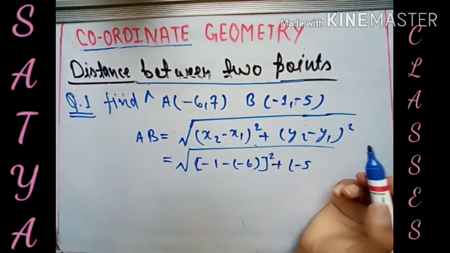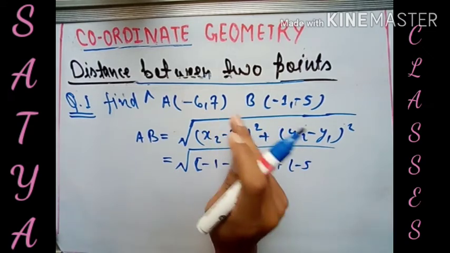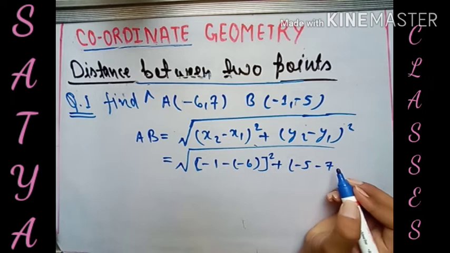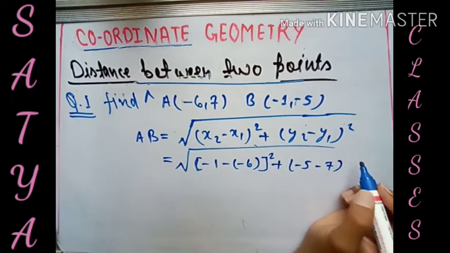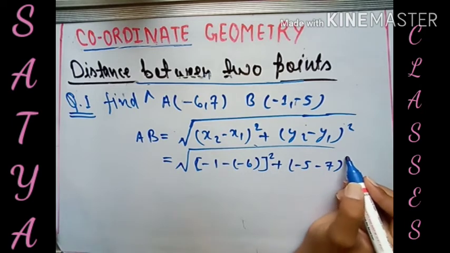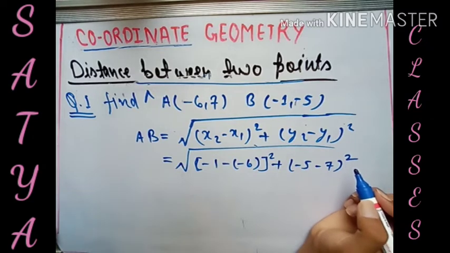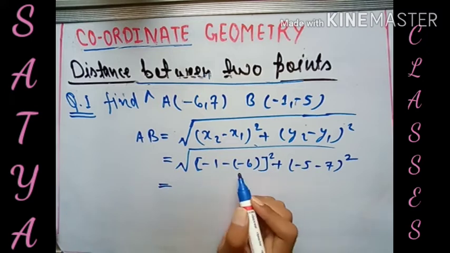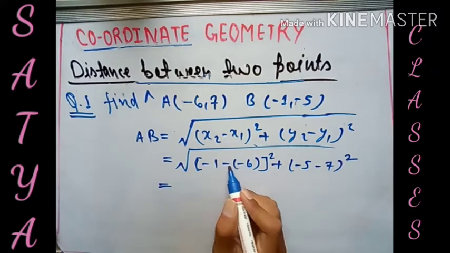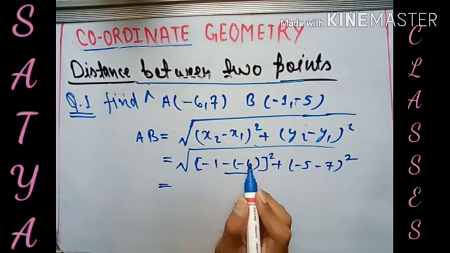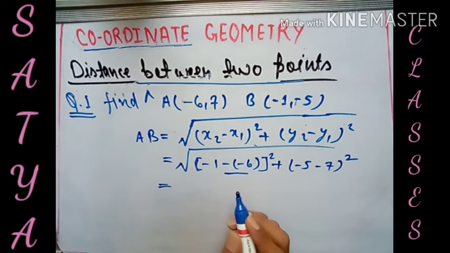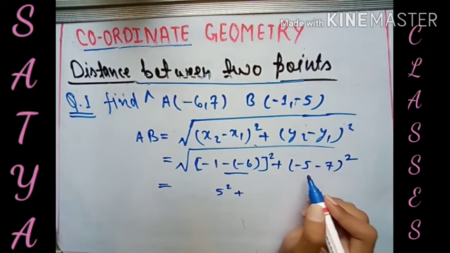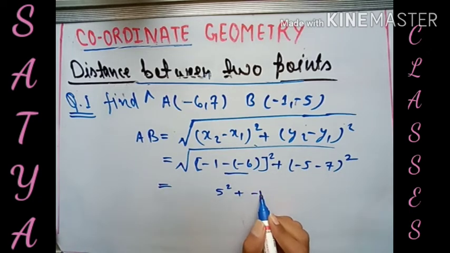Don't be confused, there are so much minus 7. Square. Now this becomes plus 6 when you open this minus. Now plus 6 minus 1 gives you how much? Plus 5. So plus 5 square, and 7 plus 5 is 12, so minus 12.